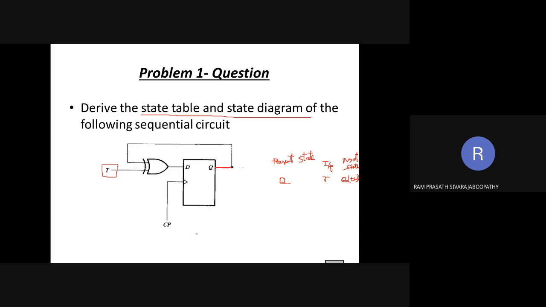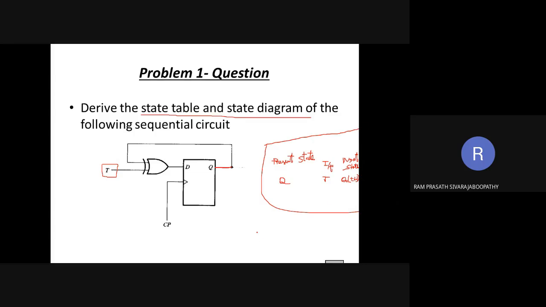Kindly type it in the chat. Jeevita typed the correct answer. As I am having only one flip flop, I will be having only 2 states. See, number of flip flops is going to denote the number of states for the circuit.